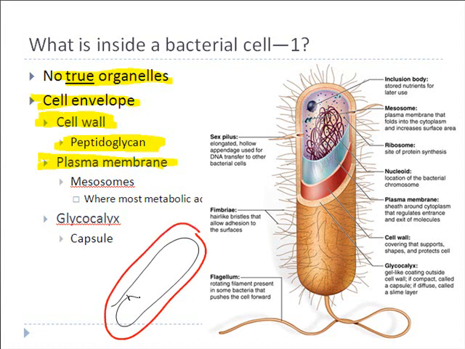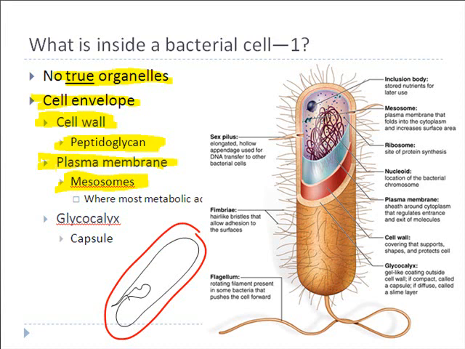Sometimes that plasma membrane will actually fold in on itself like you see here, and that infolding or invagination is called a mesosome. And mesosomes are regions where different types of metabolic activities occur, and they also help to increase the overall surface area of the bacterial cell.